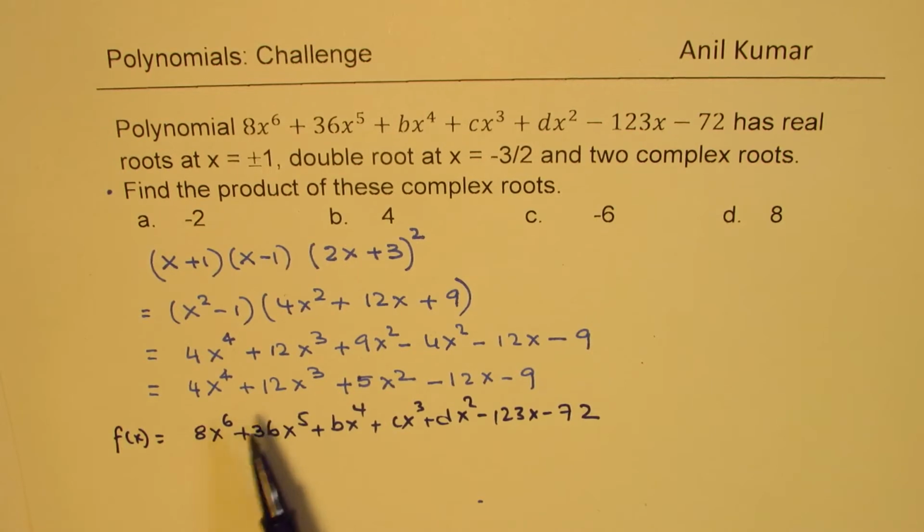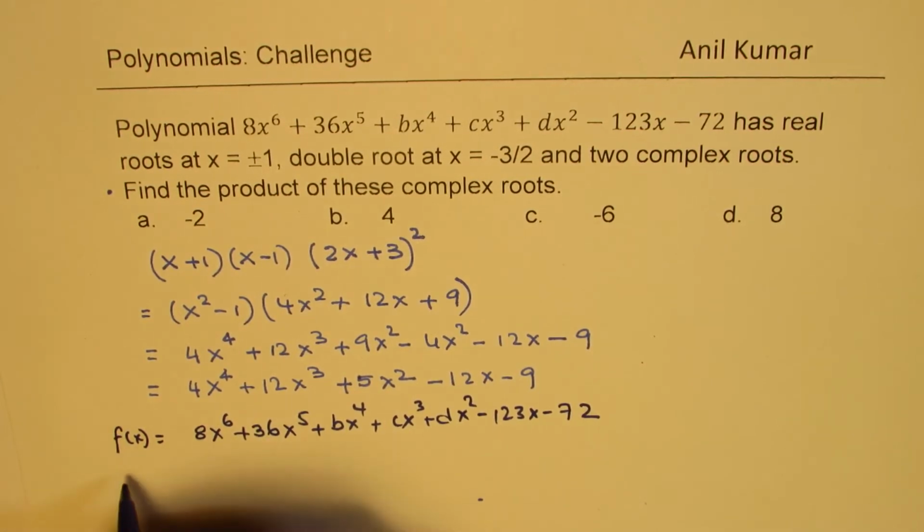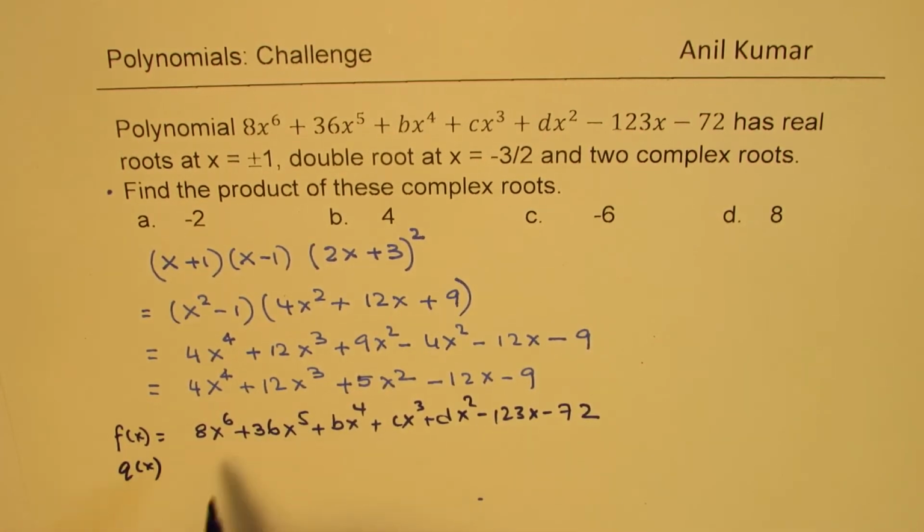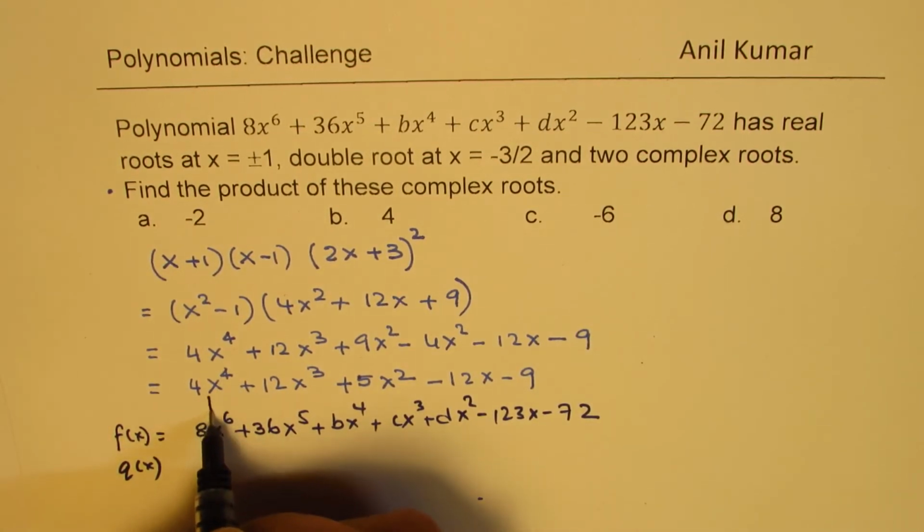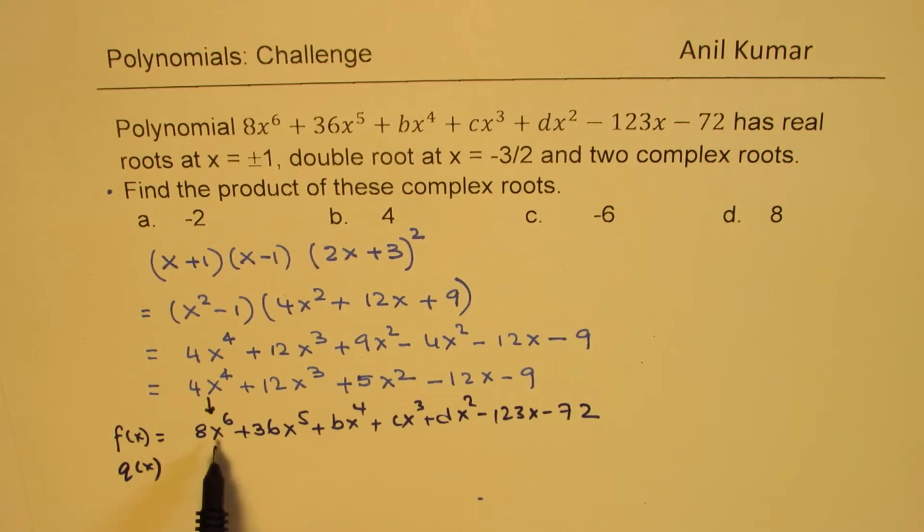So you are looking for a quotient, let's say q(x). From here we get 4x^4, and to get 8x^6, we need to multiply by 2x^2, clear?